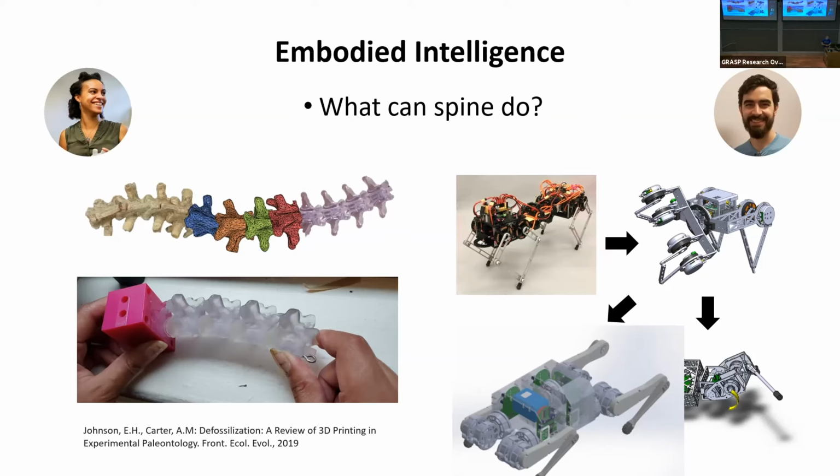So on the left, we have a paleontologist who is working on trying to bring the dead animal back to life, and doing some 3D printing and testing out the range of motion to test the hypotheses of what the spine can do. And on the right, we're trying to implement spine into a robot to have different kinds of motions.